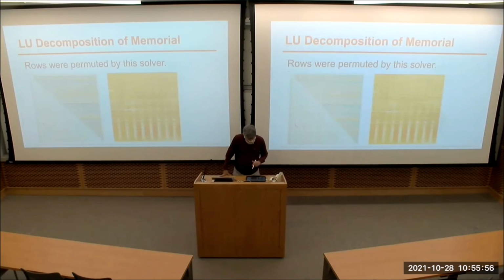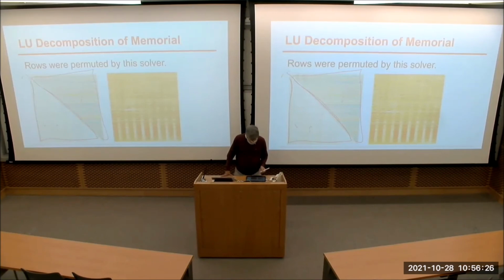Here is an example of what happens when you took my Lincoln Memorial, and after I had added some noise to make it the proper rank, the LU decomposition gave a lower triangular matrix times an upper triangular matrix. When you look at these things, the two coefficients had different properties.